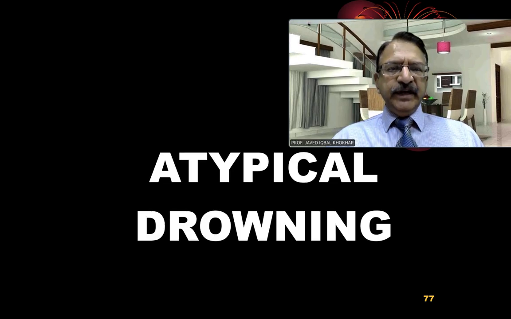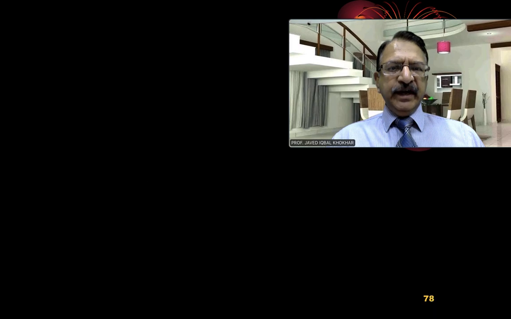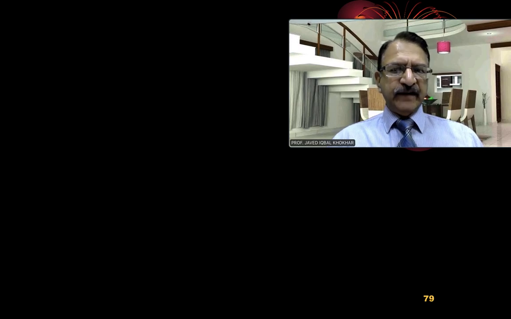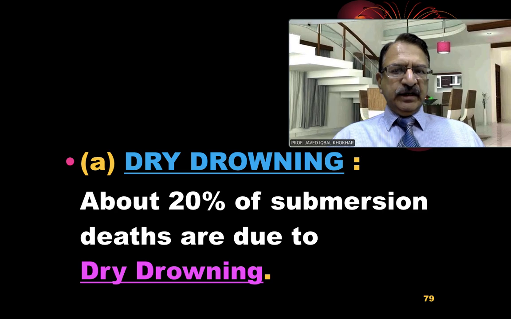Then the atypical drownings. What are atypical drownings? Dry drowning. The word is explaining that though it is drowning, it is dry. About 20% of the submersion deaths are due to dry drowning.